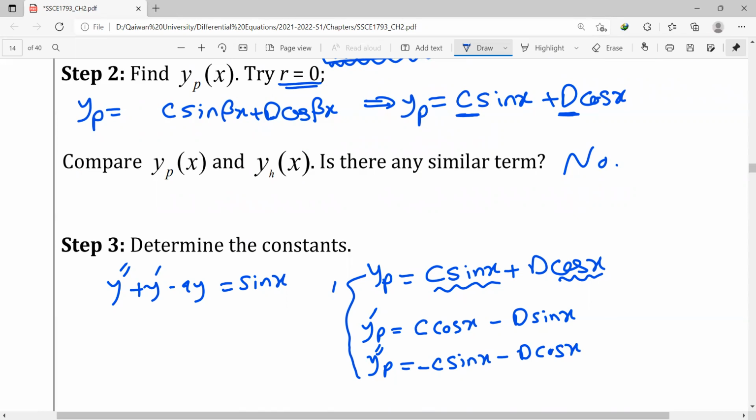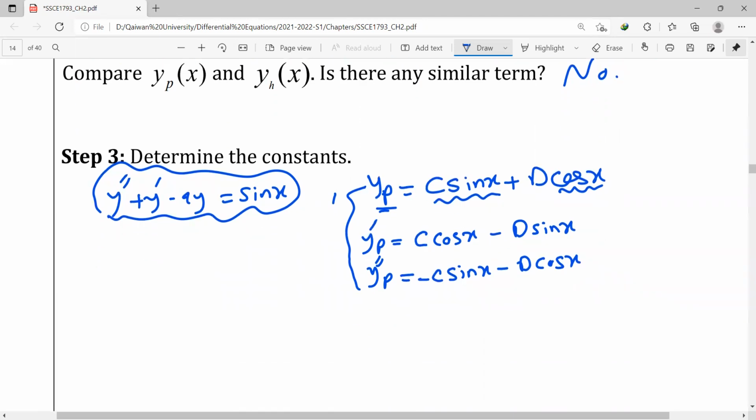We now replace y by yp, y prime by yp prime, and y double prime by yp double prime in the given differential equation. Let's do that.